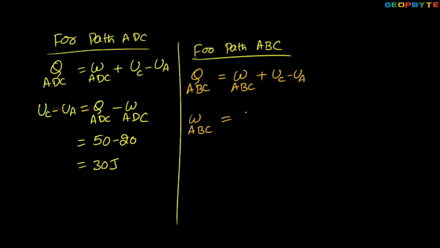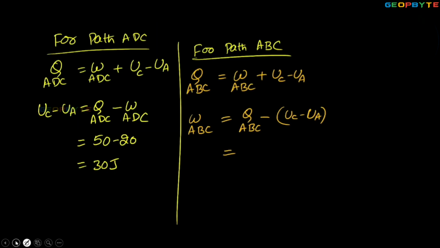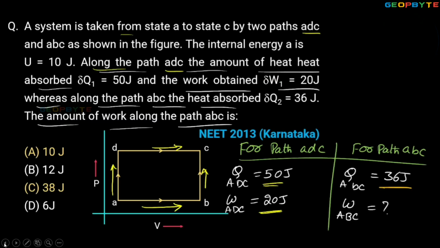WABC equal to Q for ABC minus (UC minus UA). Q for ABC is given as 36. 36 minus 30 is equal to 6 joules. The answer is 6 joules. Look at option D. Option D is absolutely correct.